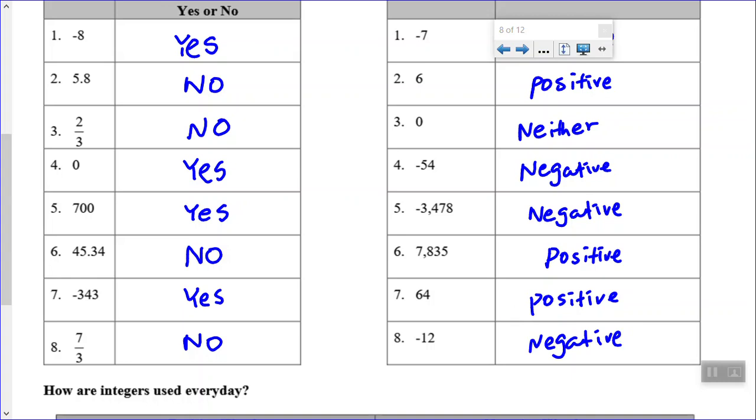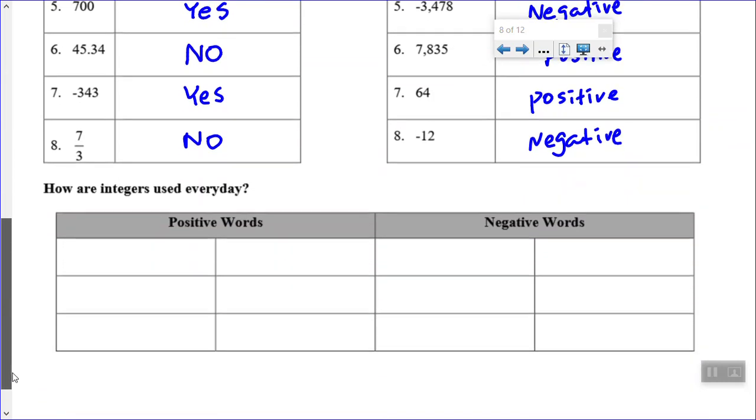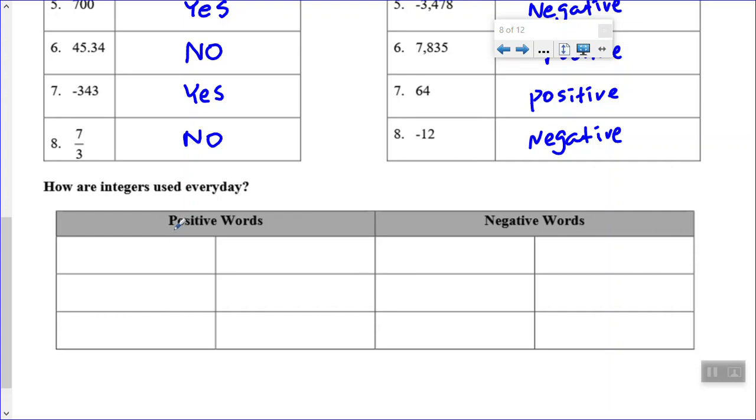Okay, so how are integers used every day? For example, if you have the word like increase, if we say increased by 3, that means it's +3. If you have decreased by 3, that means it's -3.